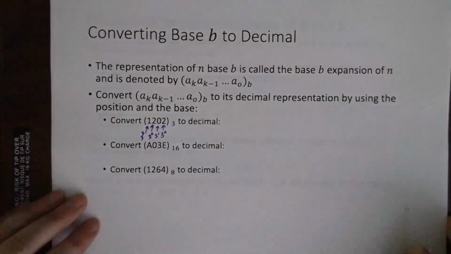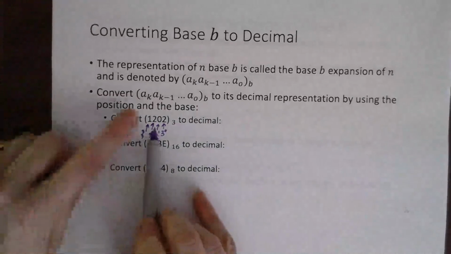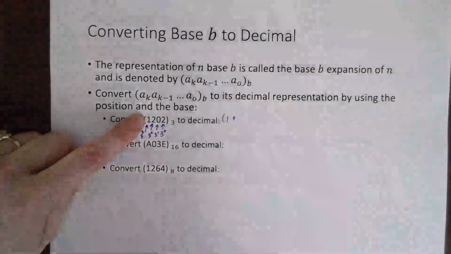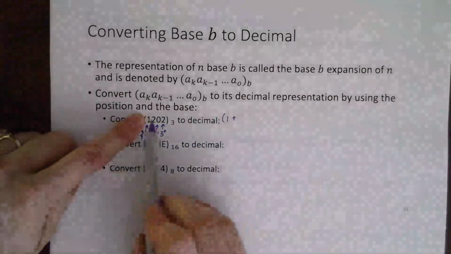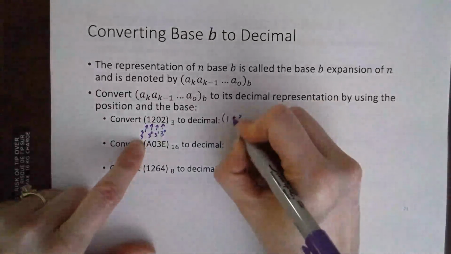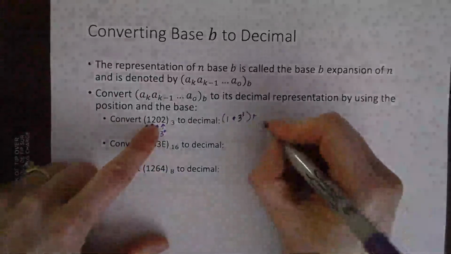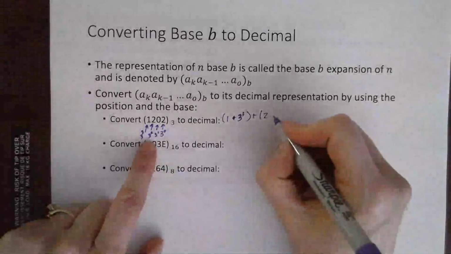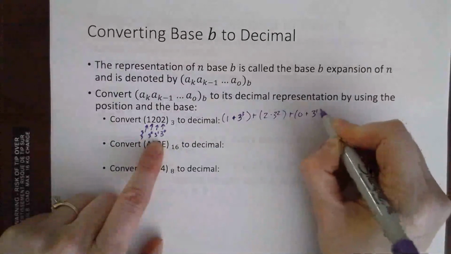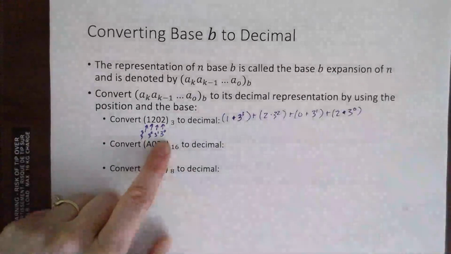If you think about the way that we figured out the value of a number in base 10, it's just the same way. We take the value of the digit in this position, which is 1, and then multiply it by its weight. It's in the 27's place, so that should be times 3 cubed. Then there are 2 in the 3 squared place, and then there's nothing in the 3 to the first place, and then there are 2 in the 3 to the 0th place.